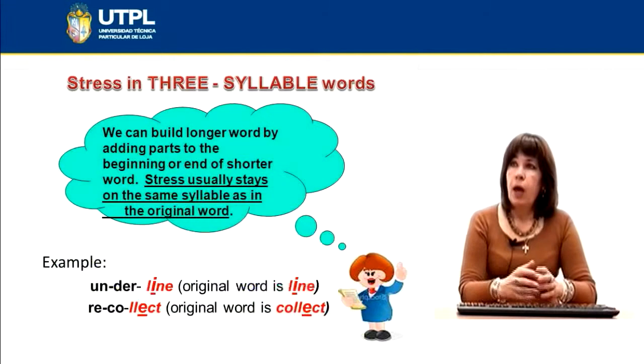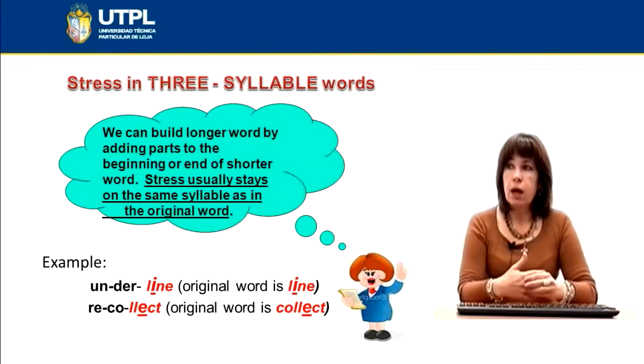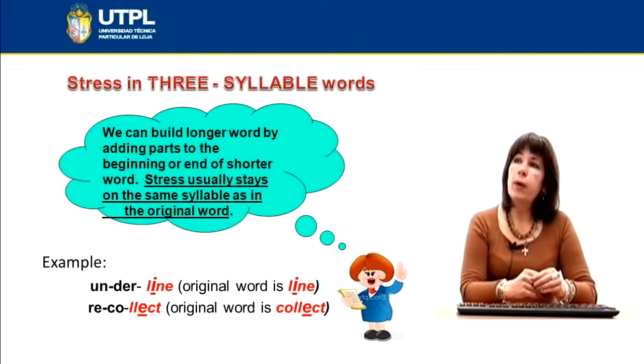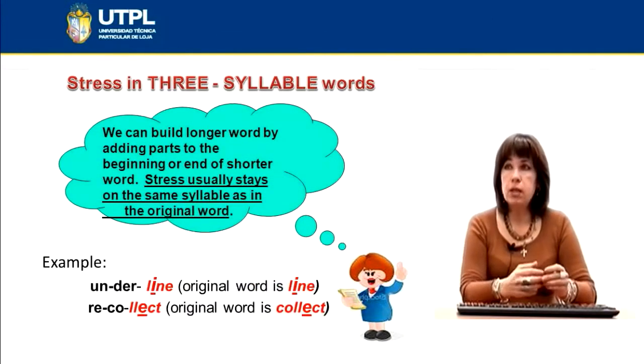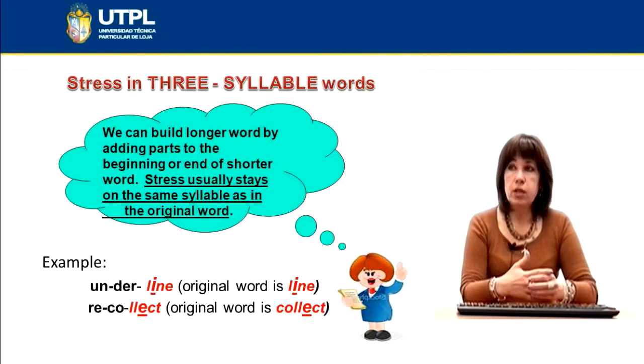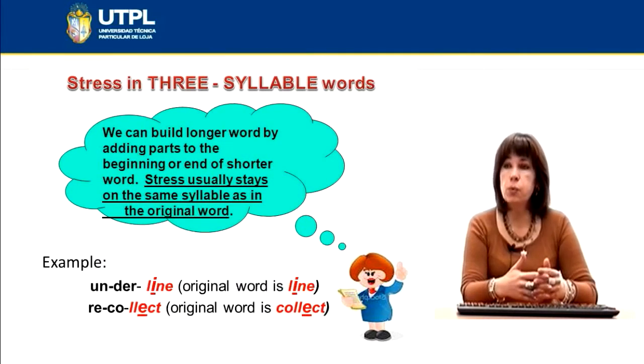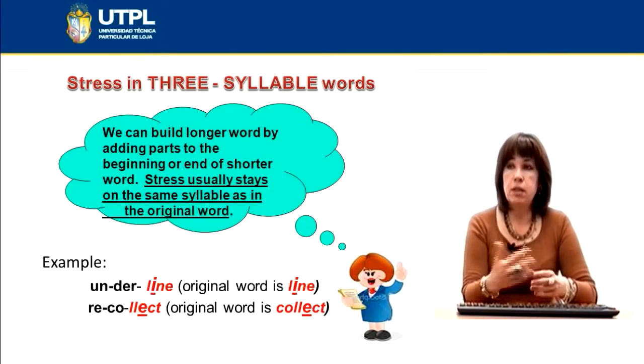Well, and now let us see stress in three-syllable words, in longer words, and how stress should be used. We can build a longer word by adding parts to the beginning or end of shorter words. And how is stress placed? Stress usually stays on the same syllable as in the original word. Please observe the examples that I prepared for you. We have the word underline.